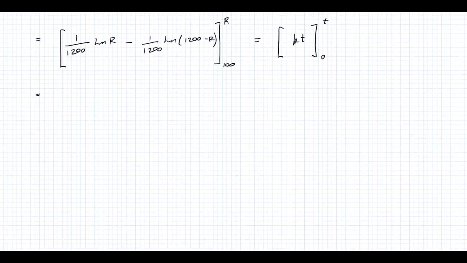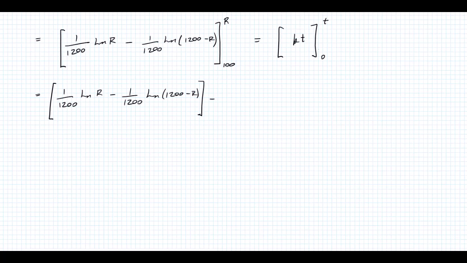Now let's just put in the limits then. So we have 1 over 1200 log R minus 1 over 1200 log 1200 minus R, now we've got to put in 100.